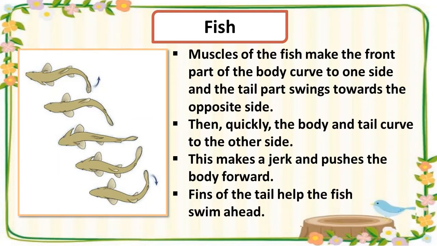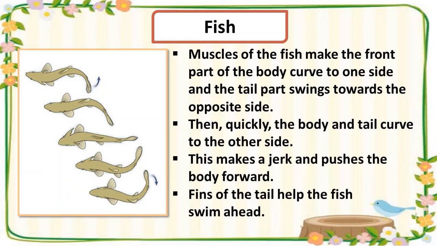The skeleton of the fish is covered with strong muscles. During swimming, muscles make the front part of the body curve to one side and the tail part swings towards the opposite side. The fish forms a curve as shown in the image.